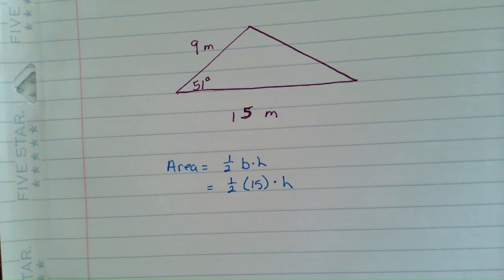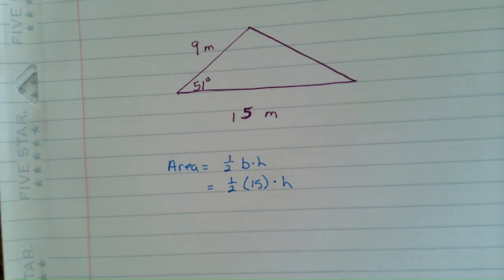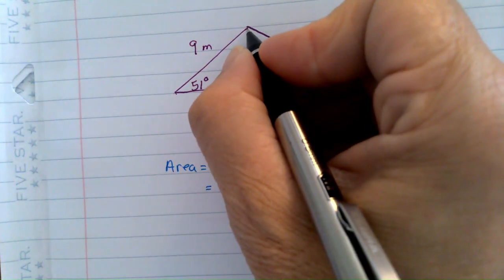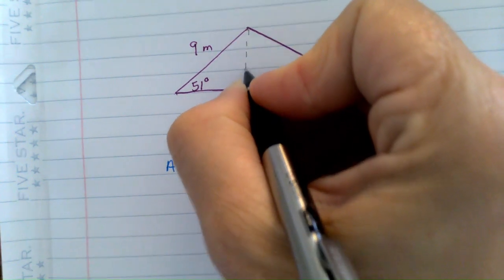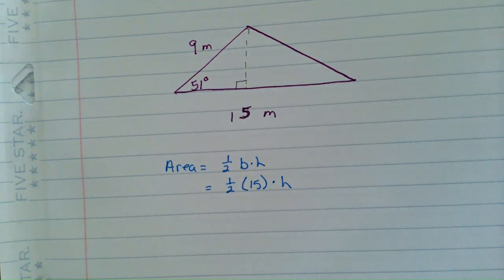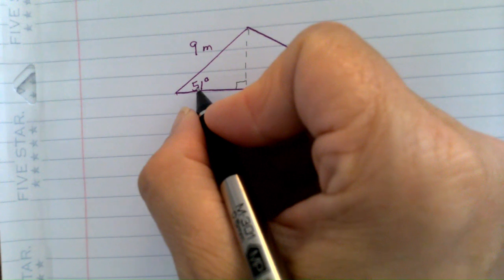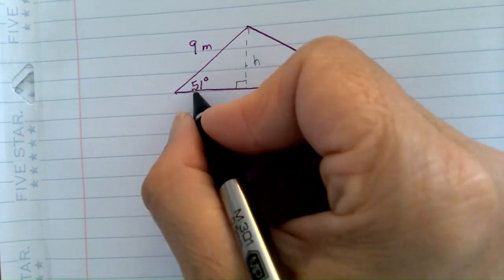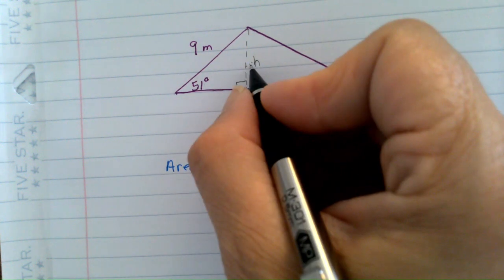And that was a problem they ran into, and they're like, but how would I calculate the height? So altitude is always a right angle, and I drew it to where 51 degrees here, so we need the height. The height is opposite of the 51, so great.